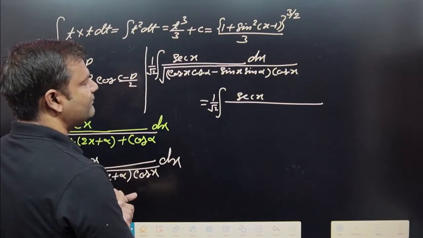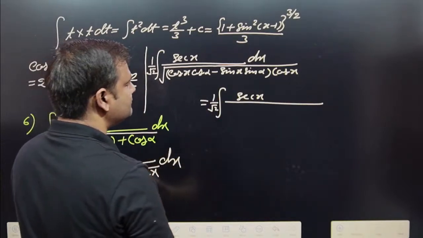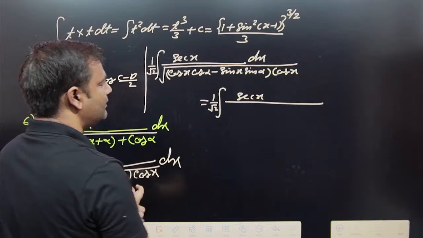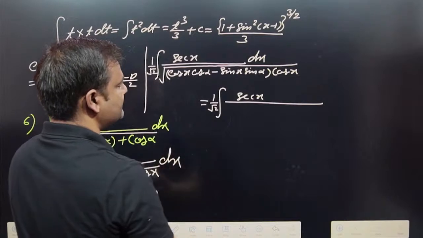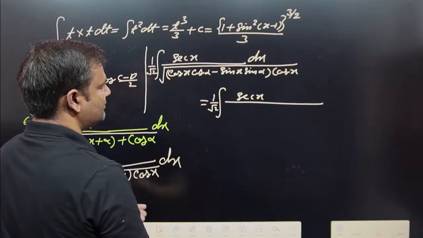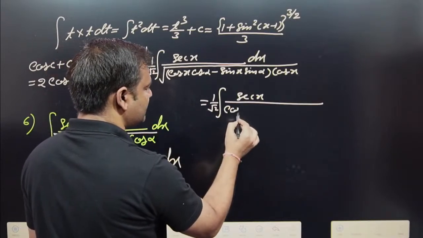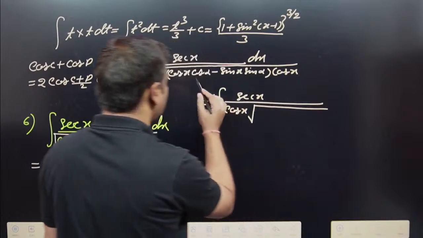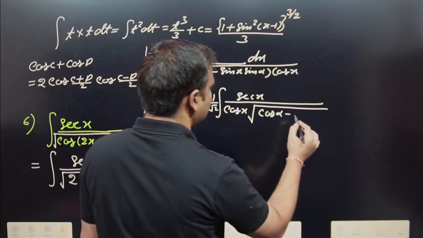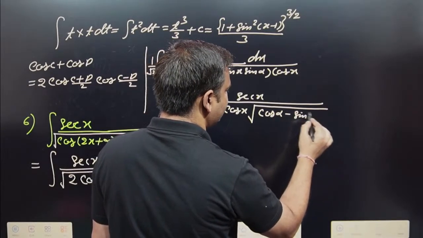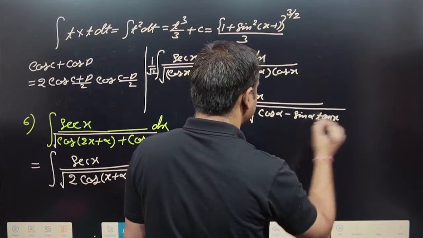Now if cos alpha is common, then we get cos square x, and if cos square is common, then written here cos x under root, what is that value, simply cos alpha minus here sin alpha into tan x, into dx.